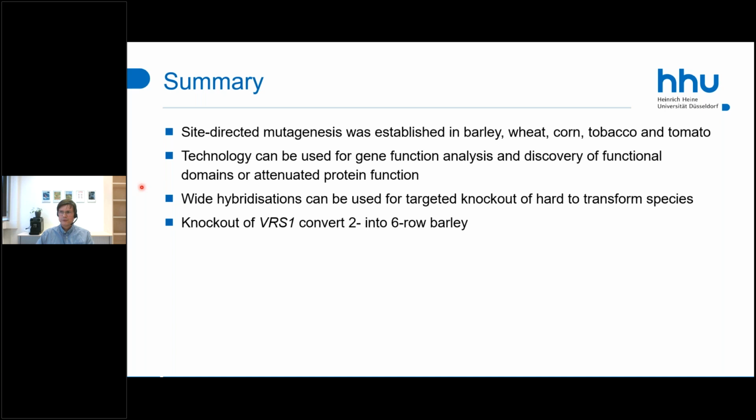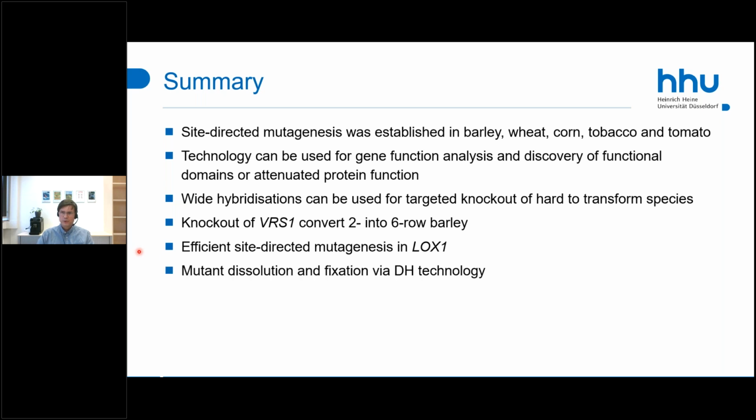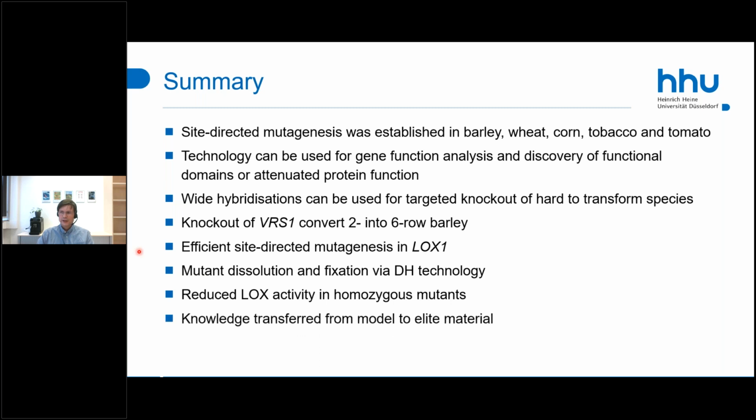I showed you that the knockout of VRS1 converts two-rowed barley into six-rowed barley. We had an efficient site-directed mutagenesis for the LOX1 gene, and we used embryogenic pollen culture for mutant dissolution and fixation. We could find a reduced LOX activity, and we could transfer the knowledge from the model cultivar Golden Promise to an elite material, which was finally even used for the brewing process and had some altered malting characteristics.